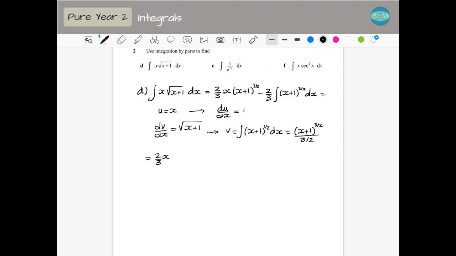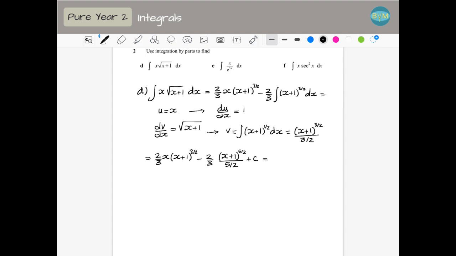2/3 doesn't change, x plus 1 to the 3/2, and now when I integrate this one, I increase the exponent by 1 and divide by the new exponent. I'm not going to skip steps. So 2/3, and then I have (x plus 1) to the power of 5/2 divided by 5/2, plus c.